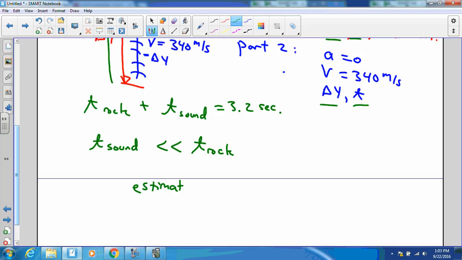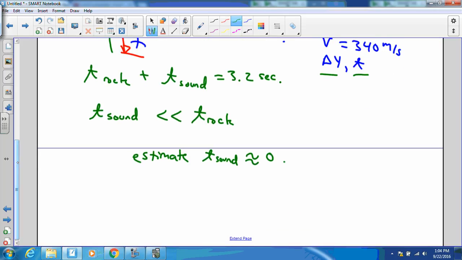And so what I'm going to do is estimate that T sound is basically 0. It's not really, it's going to be a small number, but we're going to estimate it as basically 0. And I'm going to compute the height of the cliff based on the simplifying assumption that the sound takes no time at all to travel.